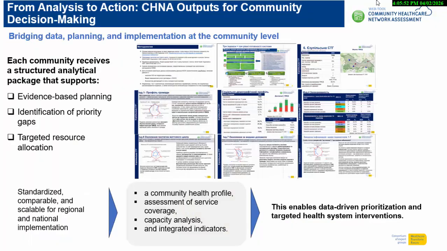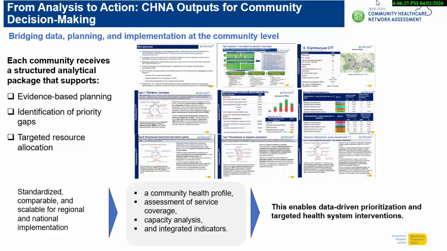And the next slide demonstrates results of the CHNA process. Each community receives a structured analytical package for evidence-based planning, identification of priority gaps, and targeted resource allocation. You see different approaches we demonstrate, including prevalence of disease and morbidity level.